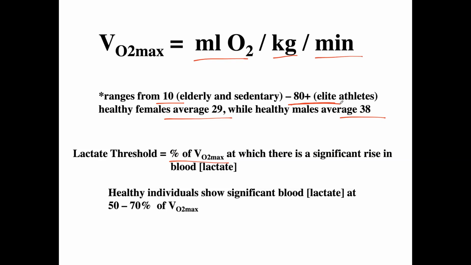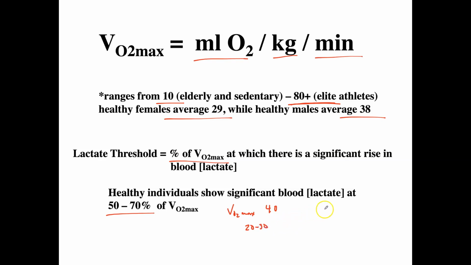So healthy individuals typically show significant lactic acid levels when they reach about 50 to 70% of their VO2 max. So for example, if your VO2 max is, say, 40, then you're going to see lactic acid accumulation when you reach a VO2 max around 20 to 30.